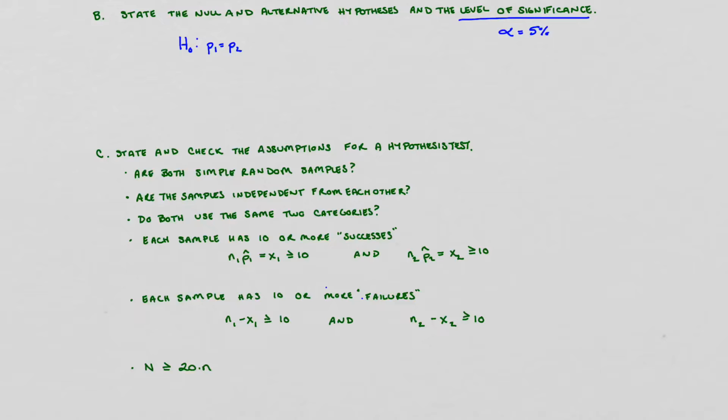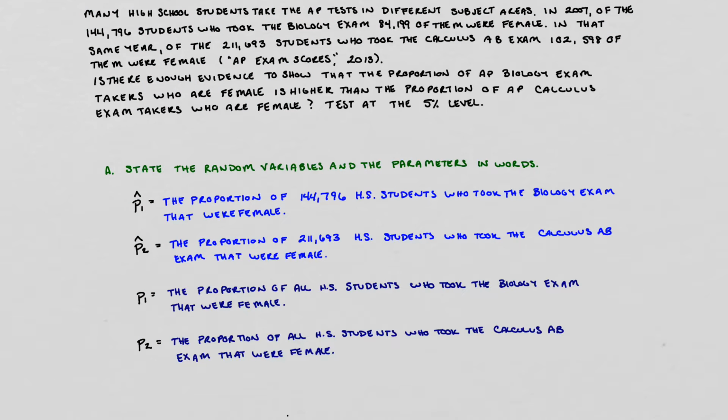For our alternative, H sub a, we are again going to use P1 and P2. We just need to know the direction or which inequality we should be using, less than, greater than, or not equal to. And in order to determine that, we want to go through and read through that last question in the narrative.